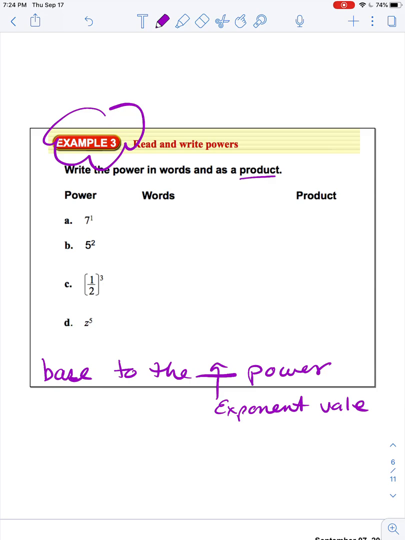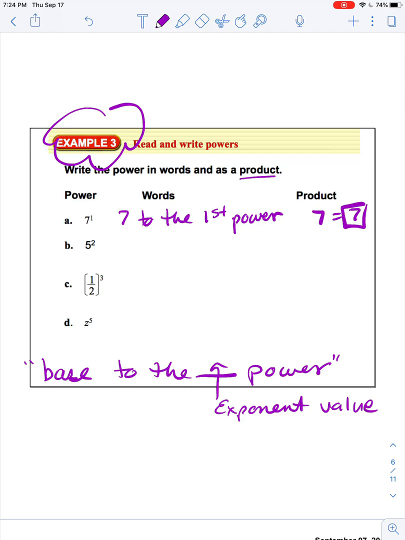So in this particular problem, oops, made a little mistake. If you're on Notability, you can always use an eraser, which is really handy for me because I like to make mistakes. So this is going to be the base, so that would be my 7, and then to the, because this is how you write it, and then my exponent is just a 1, so it's to the first power, and my product's really easy because I repeat the 7 one time, so that just equals 7.